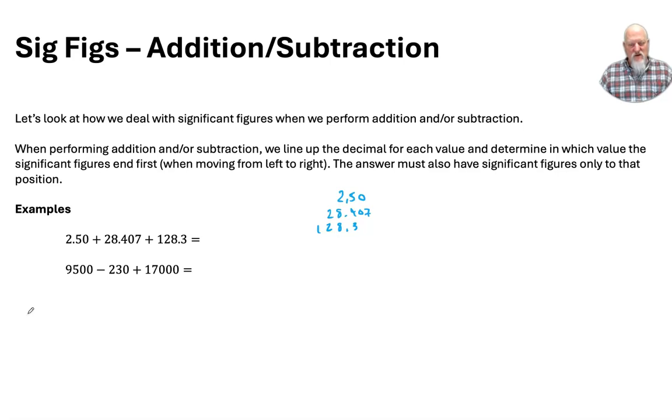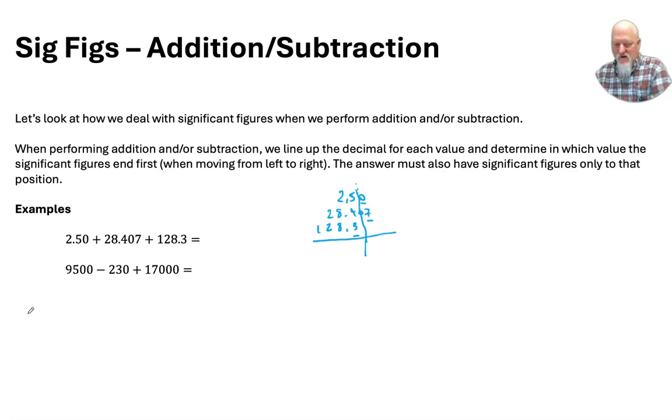My last significant figure in 2.50 is the 0. My last significant figure in 28.407 is the 7. And my last significant figure in 128.3 is the 3. So going left to right, I can see that the 3 is where I run out of significant figures first, in the tenths position. So I draw a little line down, showing that I have to stop my significant figures one place after the decimal.